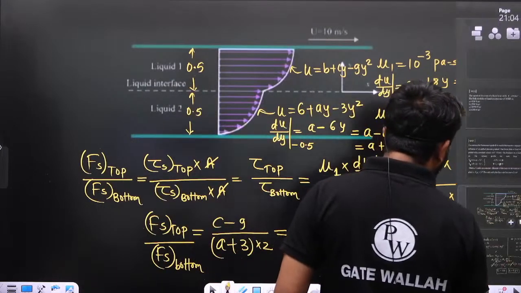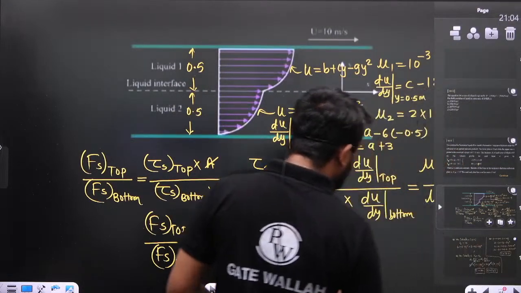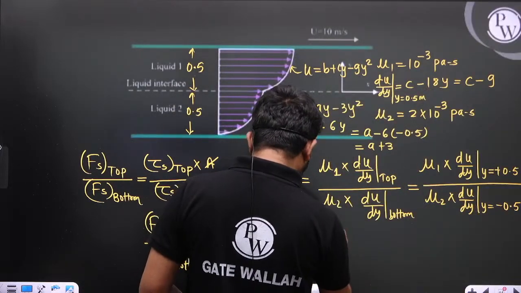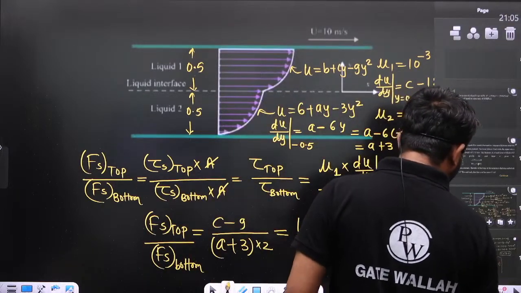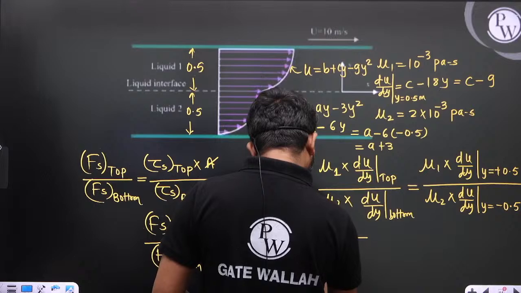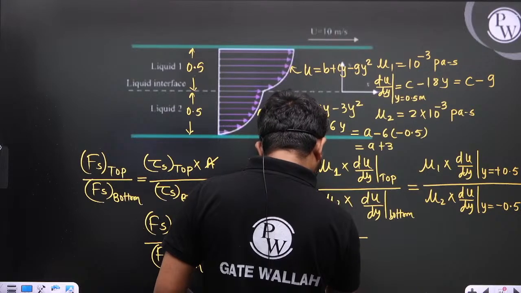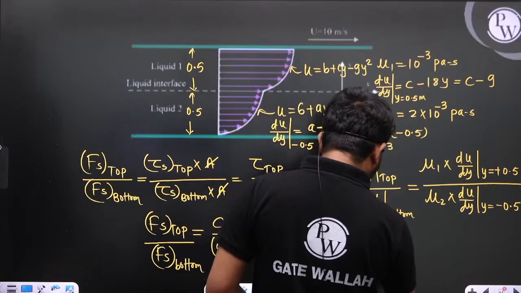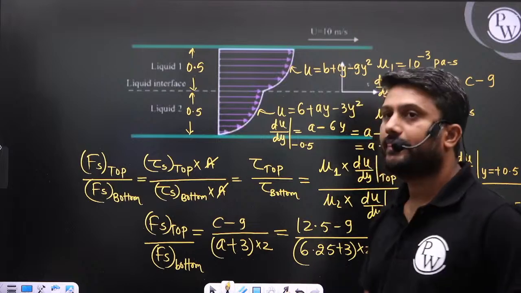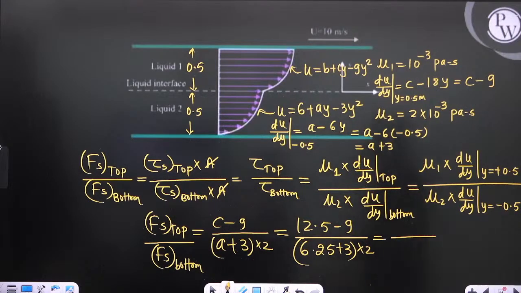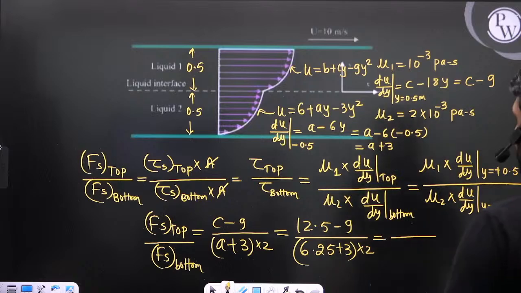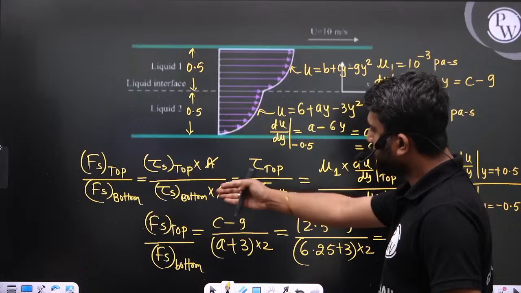Now put the values. The value of C is 12.5 minus 9, divided by A, which is 6.25 plus 3, into 2. Tell me what is the ratio of the shear force on the top plate to the shear force on the bottom plate.